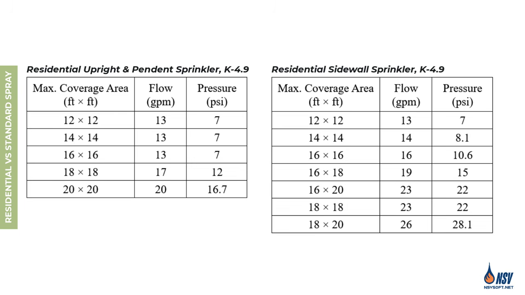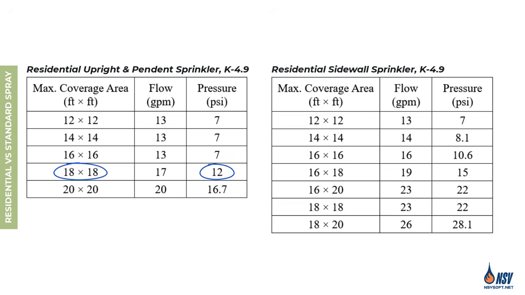Regarding the pressure required for sprinklers based on the datasheet, we can generally say that the required pressure for upright and pendant sprinklers is lower than for sidewall sprinklers for the same coverage area. For example, when using a pendant residential sprinkler to cover a 18 by 18 foot room, the required pressure is 12 pounds per square inch.